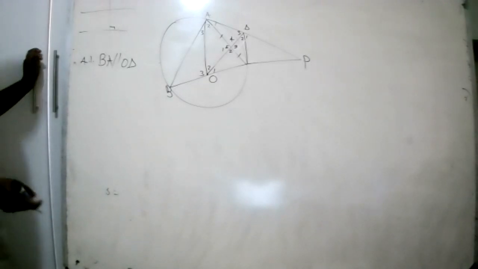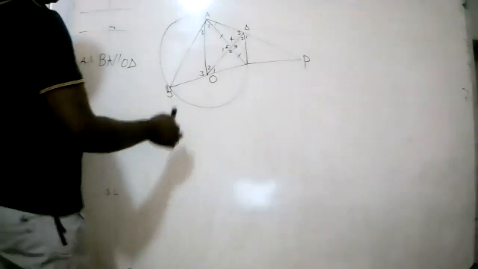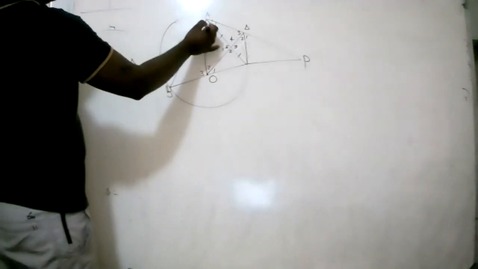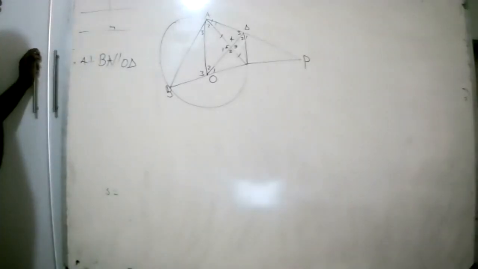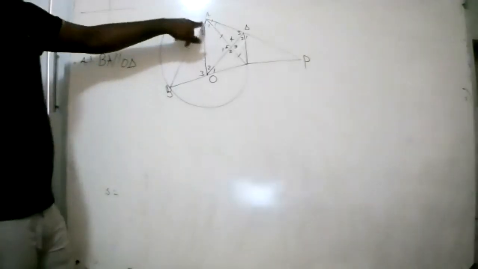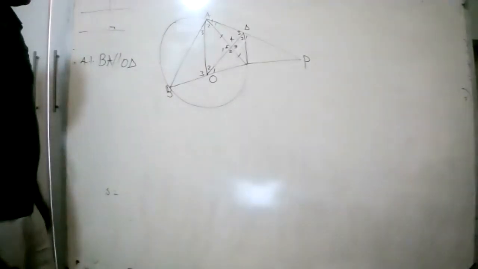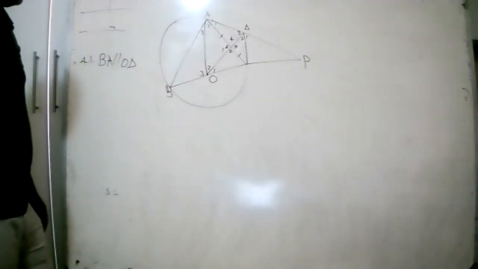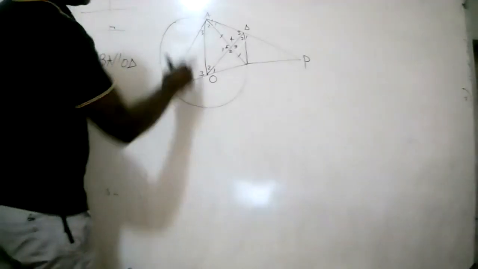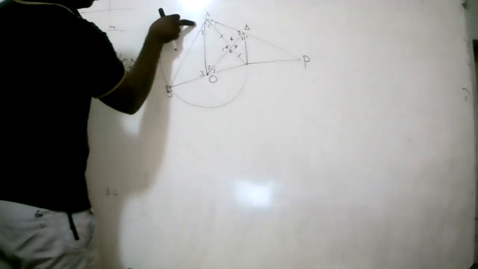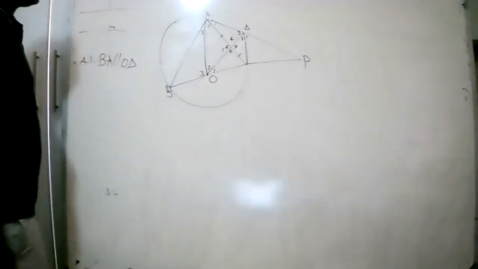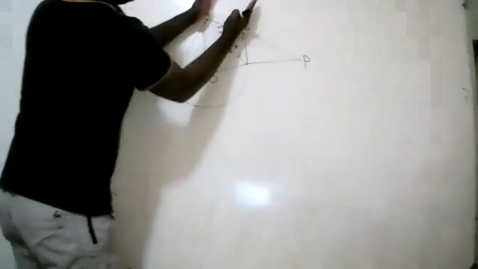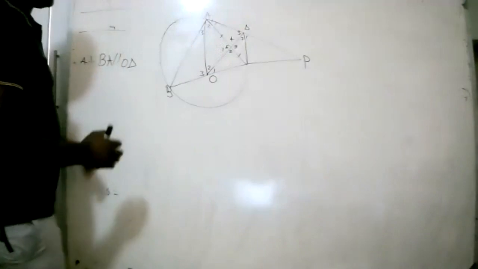So the first thing we can do in this case is to show that this angle A here is equal to 90 degrees. Let's say, in this case, angle A2 plus angle A3 must be equal to 90 degrees in order to show that these two lines are parallel to each other.